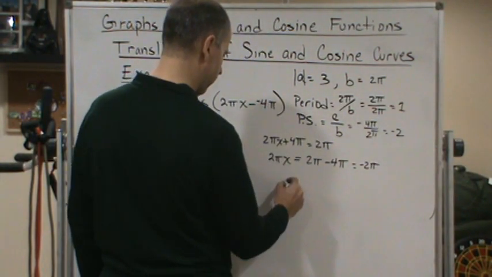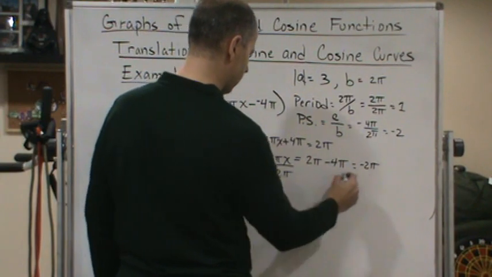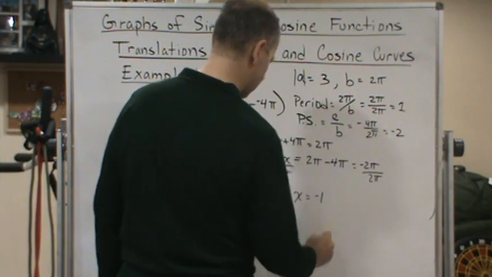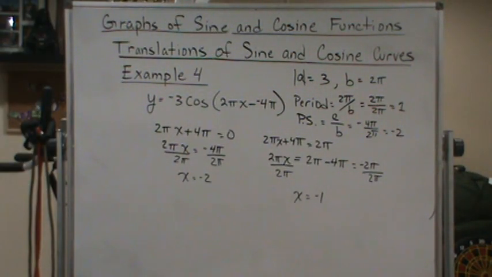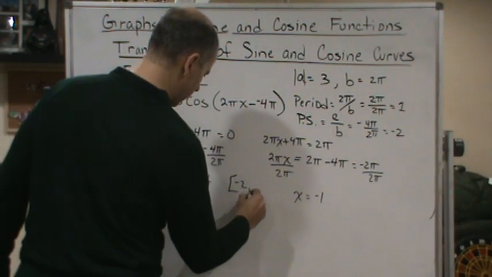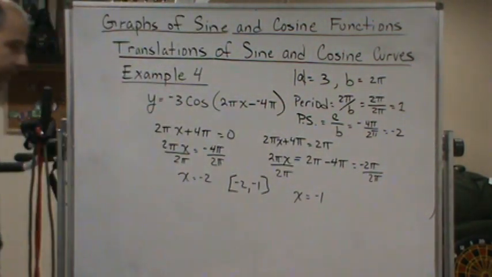And then if I divide both sides by 2 pi, I get x is equal to negative 1. Okay, so I'm going from negative 2 to negative 1, and the period is 1. So that's my range. I'm going from negative 2 to negative 1.